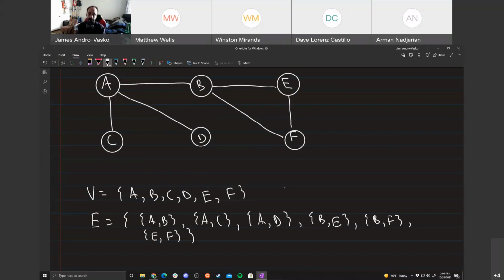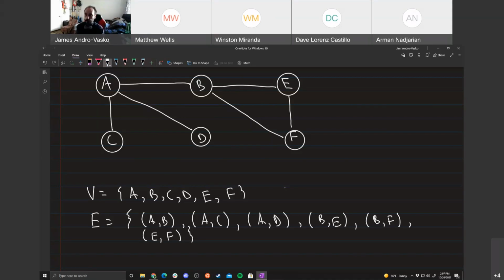So we can keep it like this. Each of these, I should probably use parentheses, I think that's a better approach. It's not a set, it's actually just a pair of two elements. All of these together are going to be a set, but each of these will be an ordered pair of two elements. On the outside, I'll put a nice bracket there. So this is a set of elements, and each one is a connection like that.